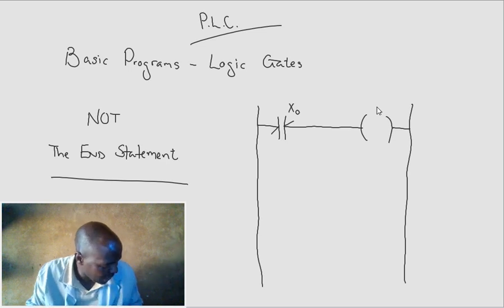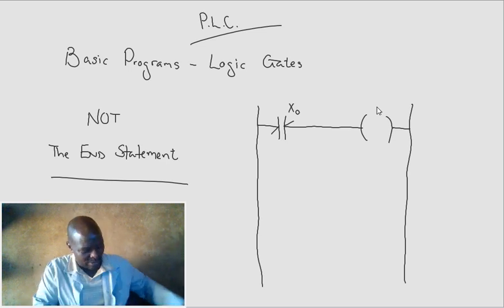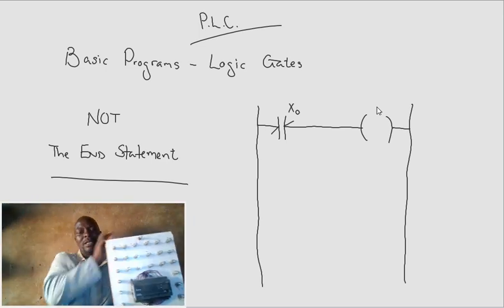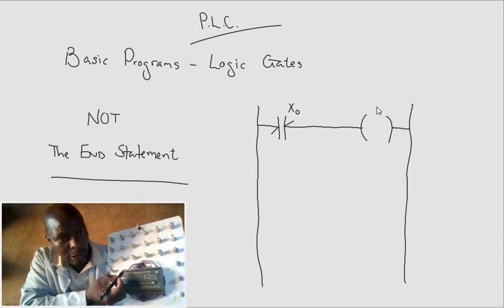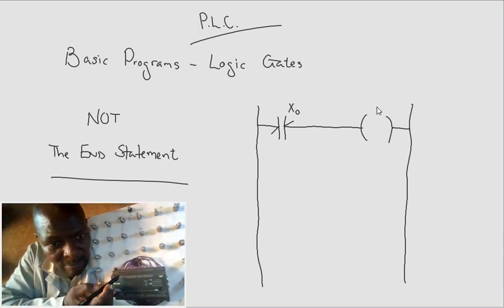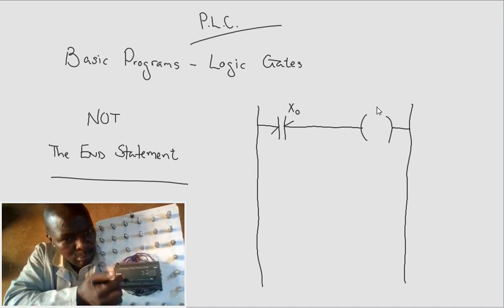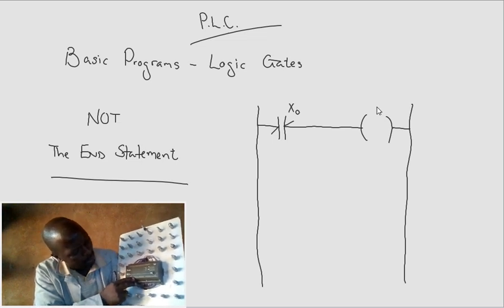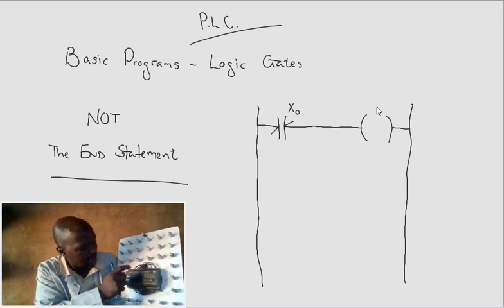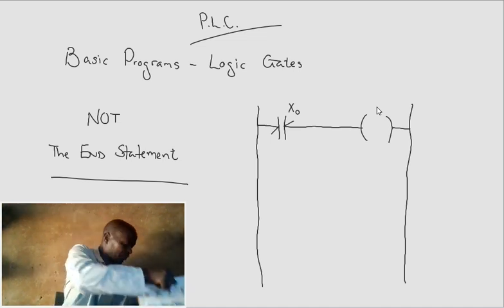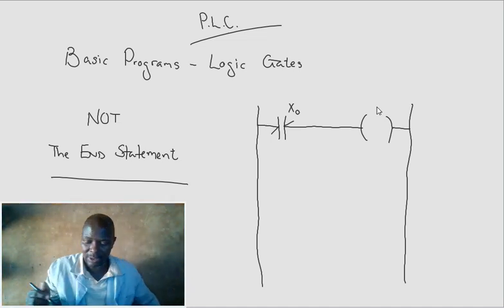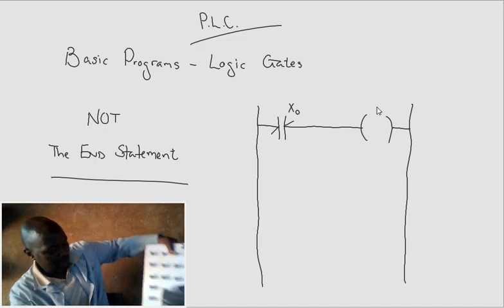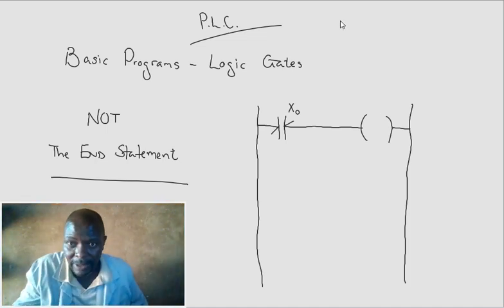This PLC here uses X's for inputs, and for the Delta, the outputs are Y's. So I'll assume that PLC: my first input is X0, my output is Y0.